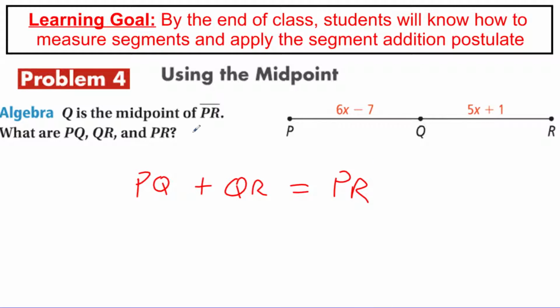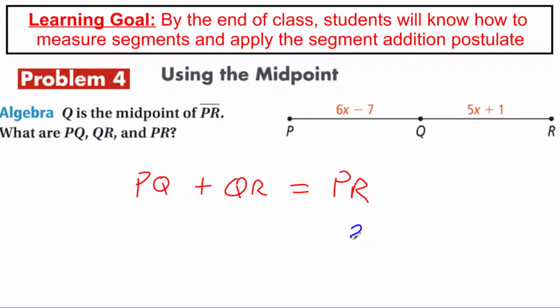Okay, and when we saw this picture of a bunch of segments, we wrote all that out and we said, great, awesome, we have this postulate that says that this is true. Here's the problem. If I were to start filling in the blanks here, I have something that I can put into PQ, right? I have this 6x minus 7. I have something that I can put into QR, that's 5x plus 1. But if you take a look around, over here was where it said PR equals, and we don't know that now.